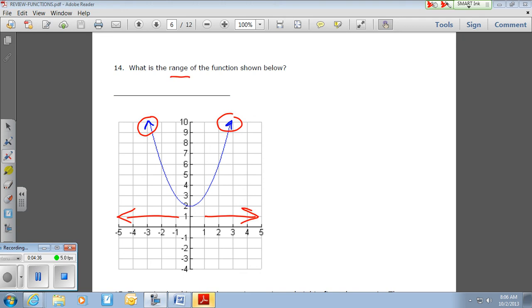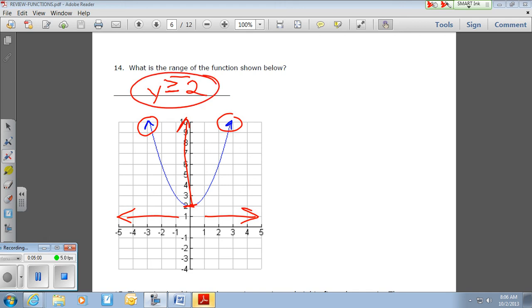So my range is everywhere from the 2 upward. Everywhere from the 2 upward is going to be my y values for this graph. So I can simply just say that my y is always going to be in the range of greater than or equal to 2.